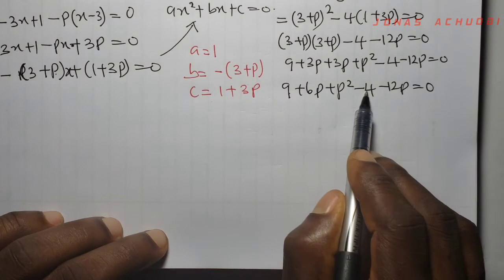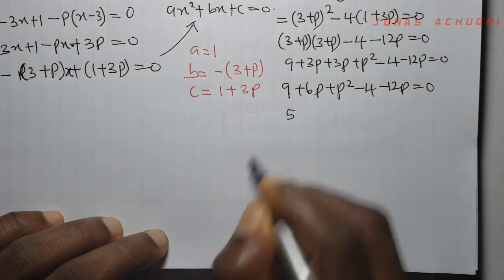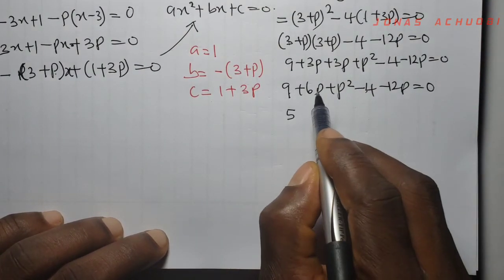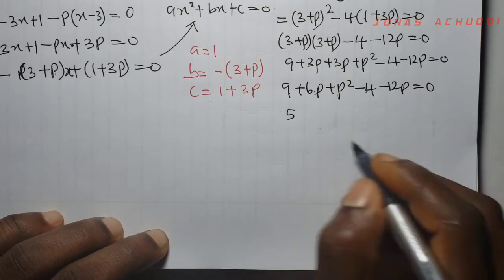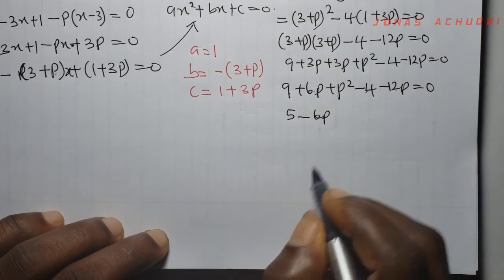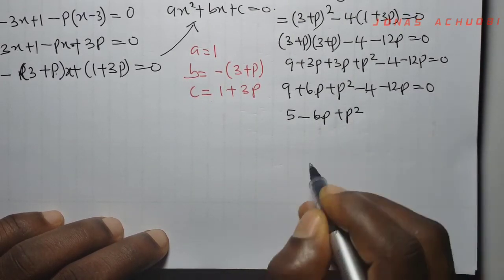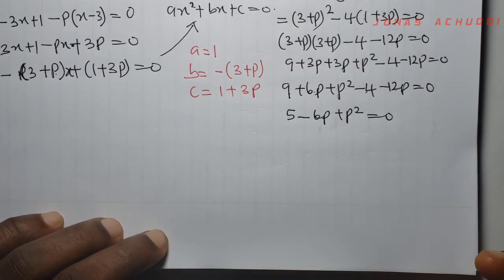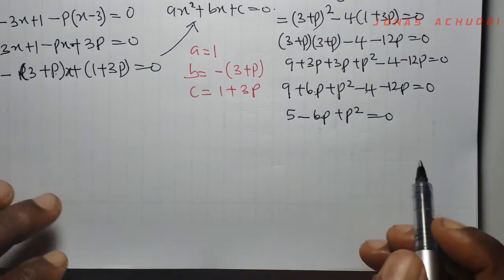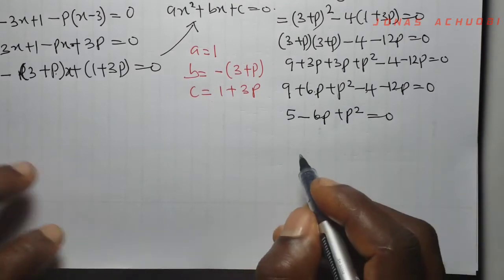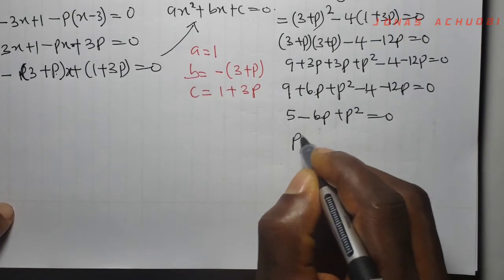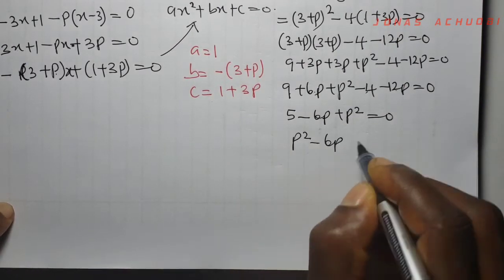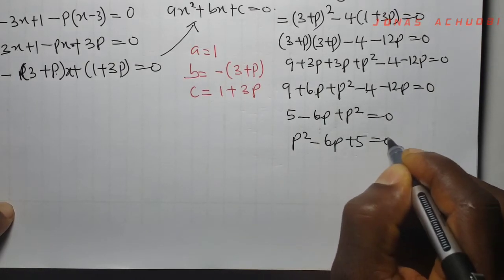Then 9 minus 4 is 5. 6p minus 12p is minus 6p plus p squared equal to 0. So let us rearrange it one more time to look like the general form. We have p squared minus 6p plus 5 equal to 0.